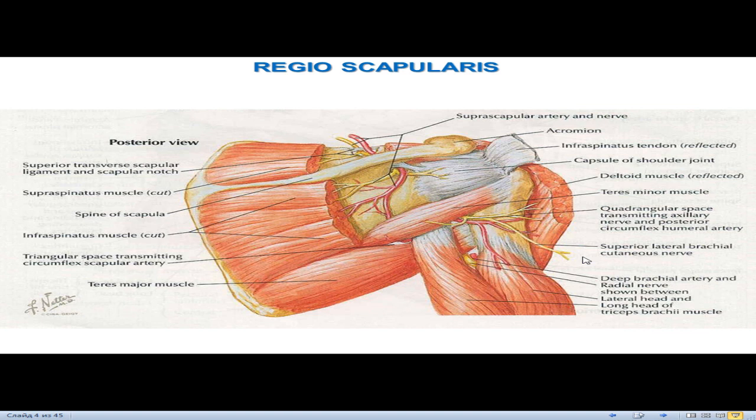So, first of all, you must say the name of this region in English and in Latin. Scapular region or regio scapularis. Second, on which you must pay special attention, are landmarks.